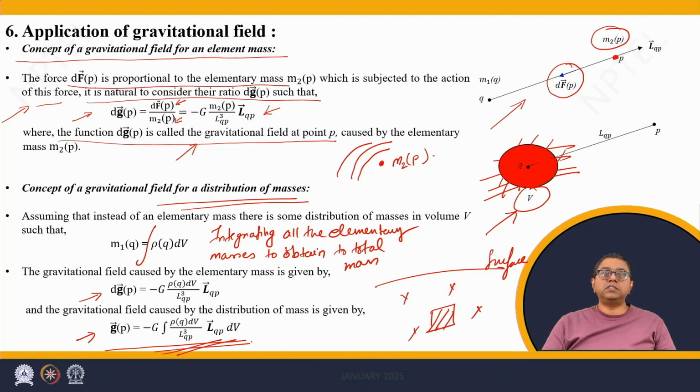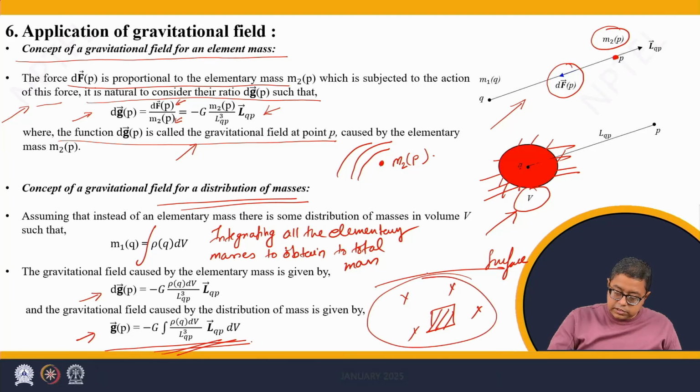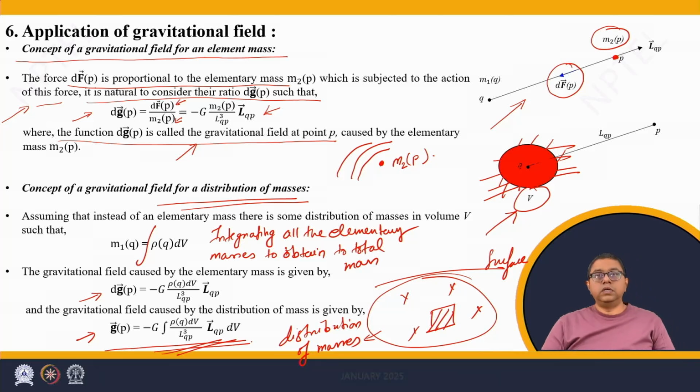If the cross marks are the ambient low density material with the squares denoting high density material, the combined effect of all these point elementary masses results in the gravitational field due to a distribution of masses. This is extremely important for various geophysical exploration applications which we will consider in further lectures.